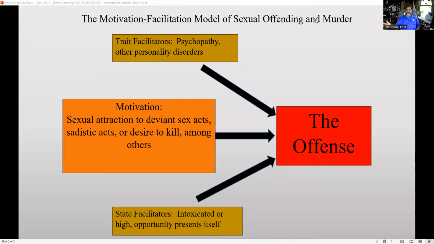So even though I don't care about other people, I'm psychopathic, I still may not commit the offense because my fear of going to hell is too high. So very important to understand that facilitators simply help facilitate the decision to offend, where motivation is what provides the impetus to want to offend.